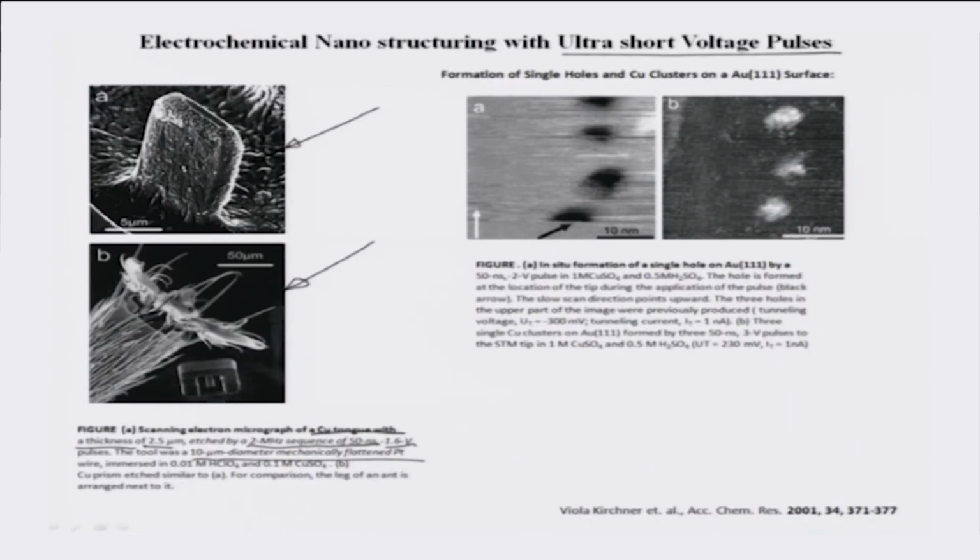This particular machining process used an electrolyte which was 0.01 molar HClO4 and 0.1 molar CuSO4.